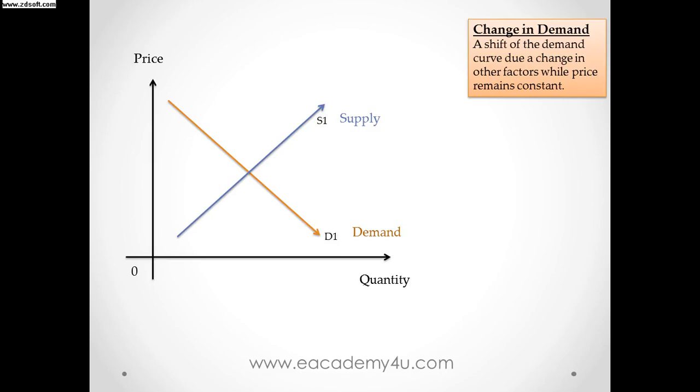So a change in demand, or shift in demand, happens due to any factors except the price. It can be many other factors, maybe an increase in population, a decrease in substitute goods, and things like that.